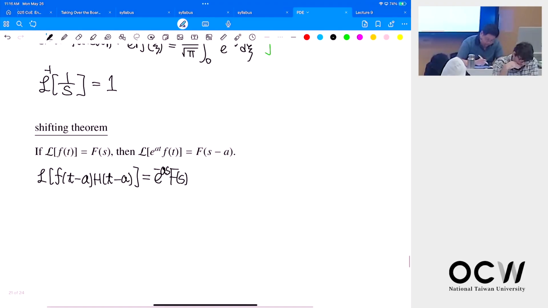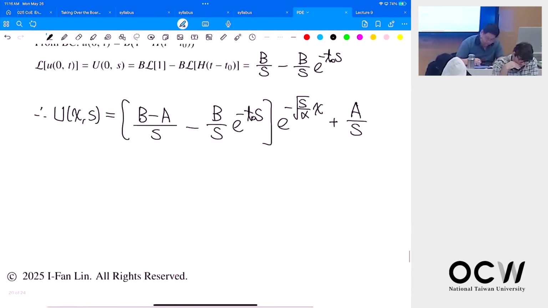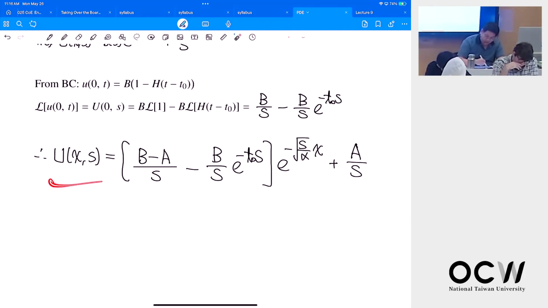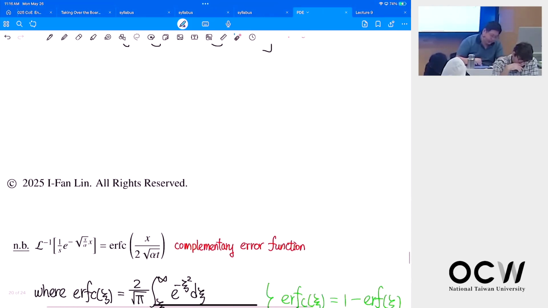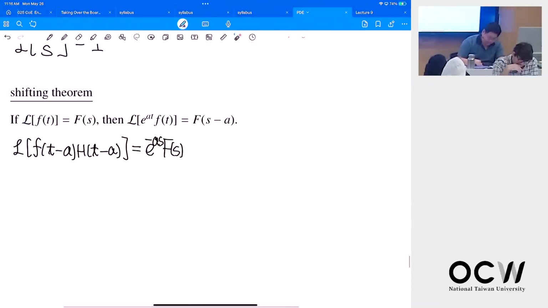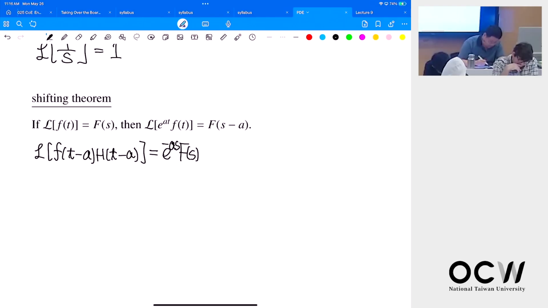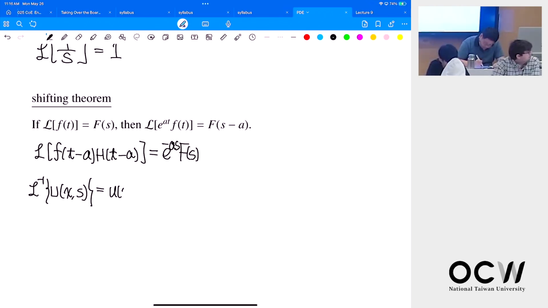So now once we have the U, we take the inverse Laplace transform, and we can get our solution. If I take the inverse Laplace transform, then we'll get our solution u.